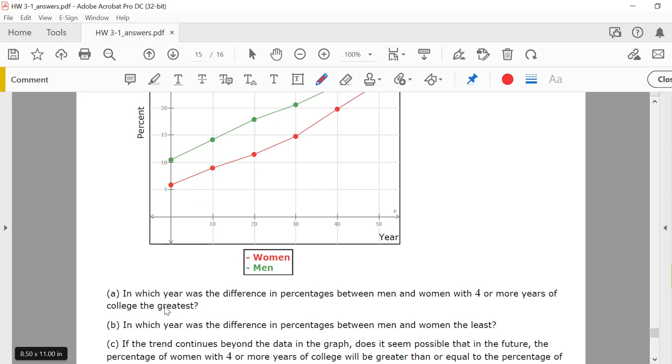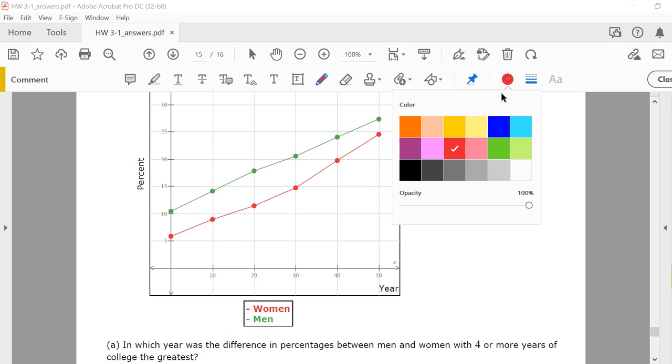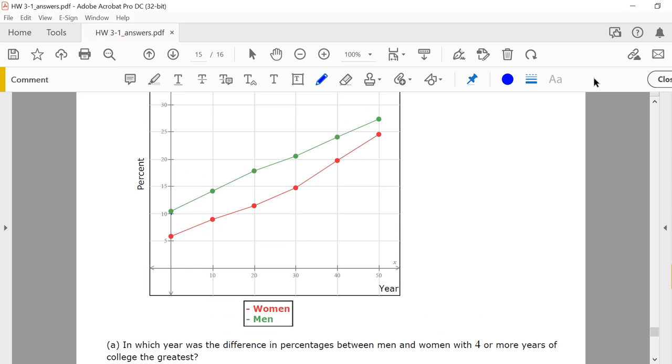In which year was the difference in percentages between men and women with 4 or more years of college the greatest? So you're going to look at where was this the greatest? I can tell you right off the bat, it's not going to be those two.